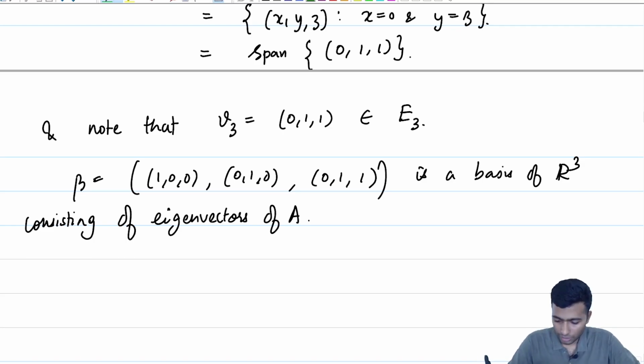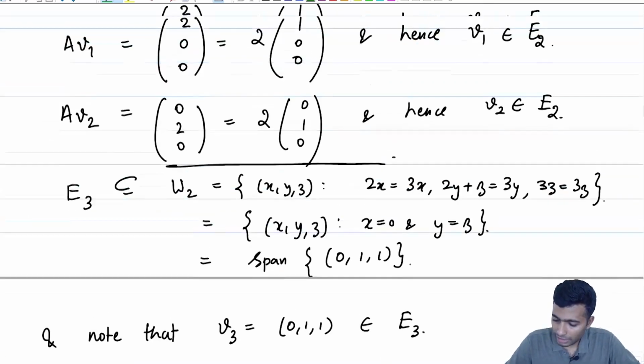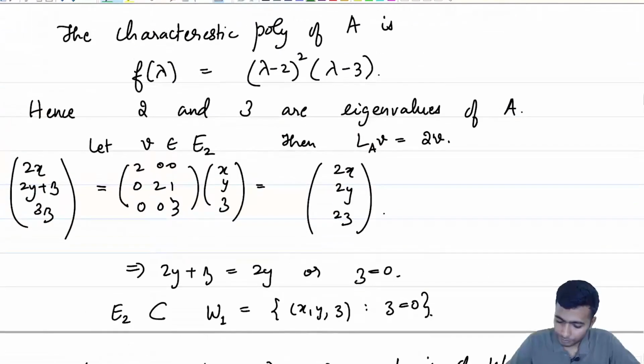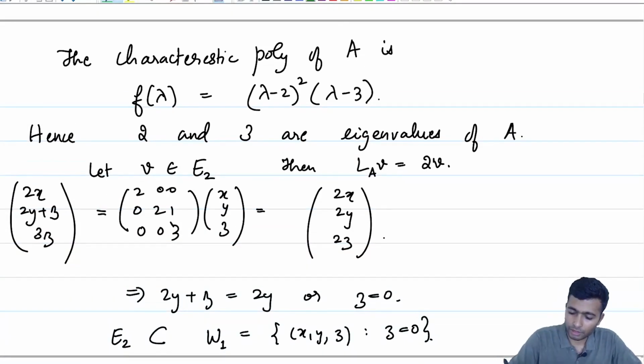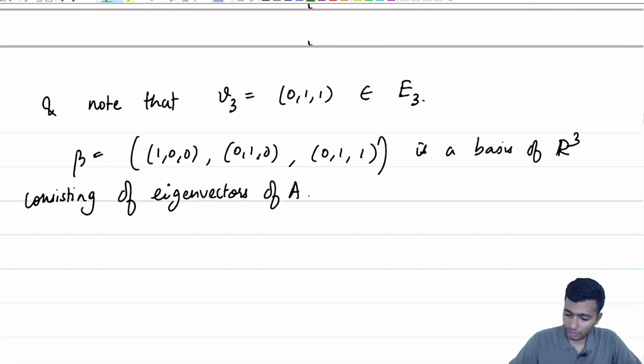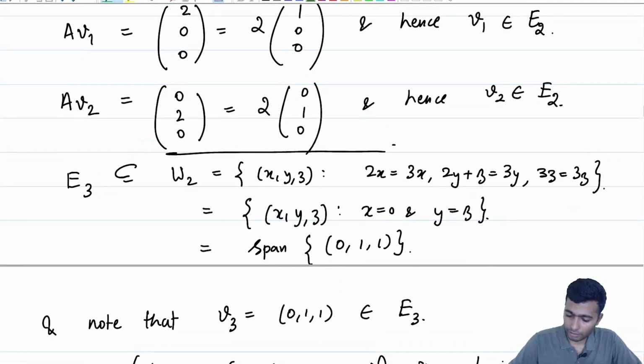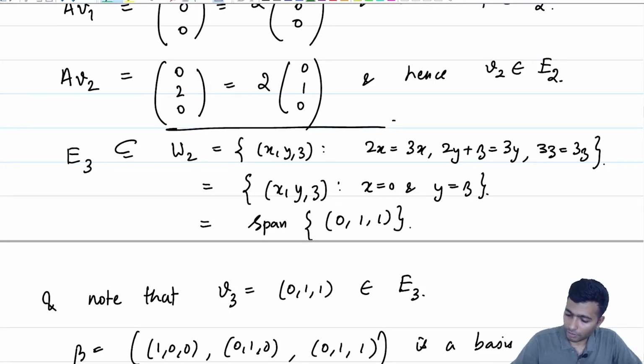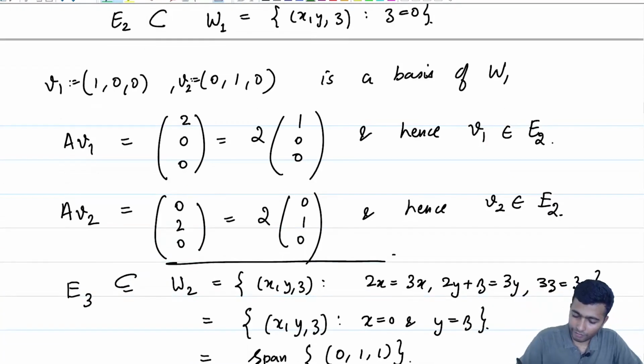So, what changed? What changed is that here let me highlight the power of lambda minus 2, namely 2, and here again V1 and V2.